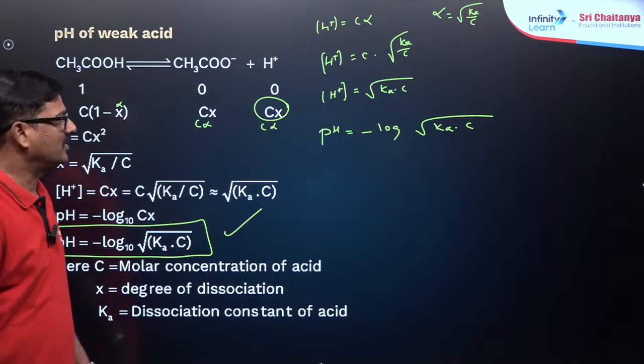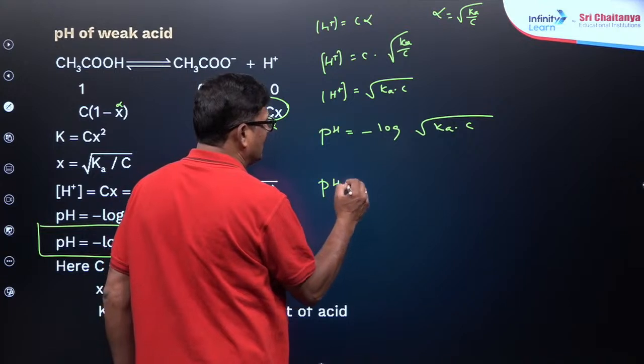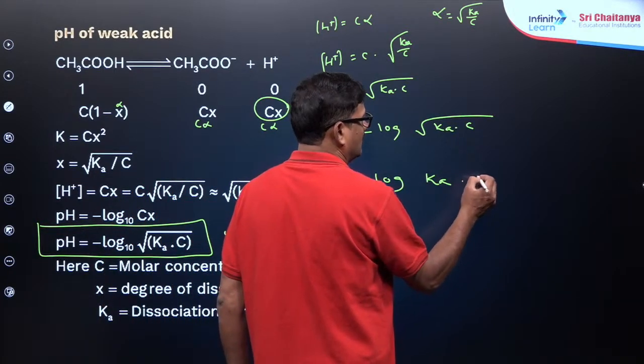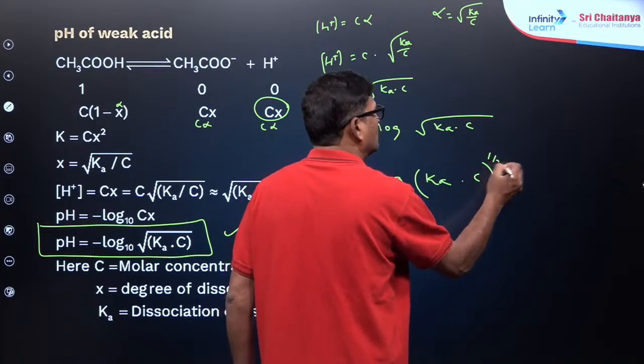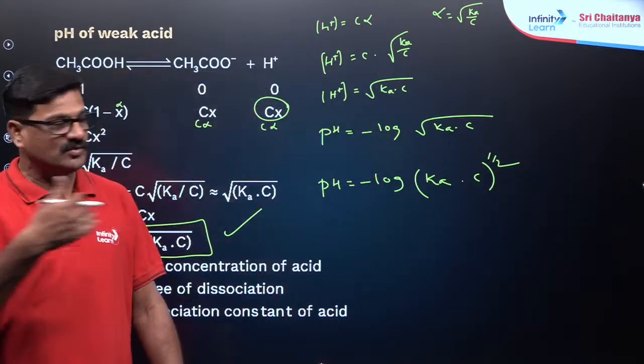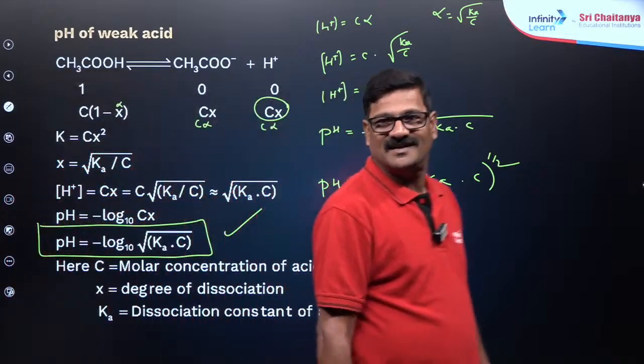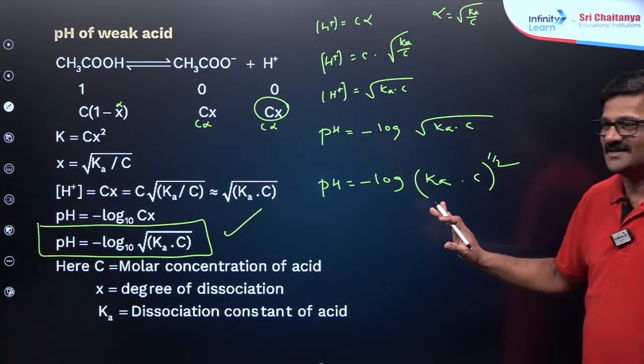Now we can say pH is equal to negative log of Ka dot C to the power 1 by 2. So 1 by 2 is the log, so pH equals 1 by 2 of pKa minus log C. Are you getting or not?